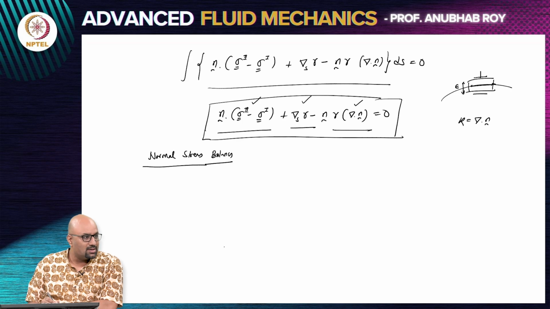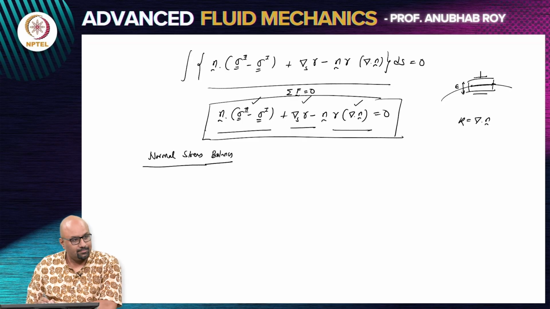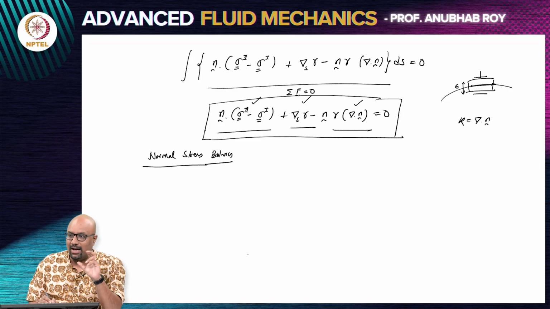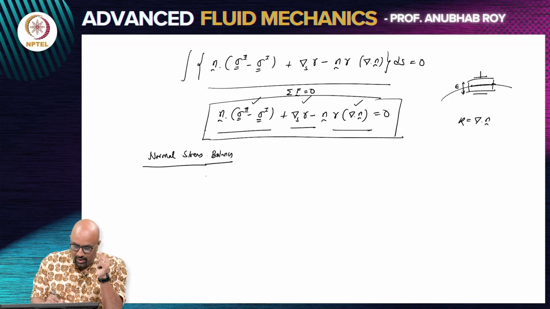To do a balance in the normal direction, we take the force balance that we have. You can think of this as summation of forces equal to 0, force per unit area. So in order to look at the balance, one along the normal and the other perpendicular to the normal, we dot this expression with n.